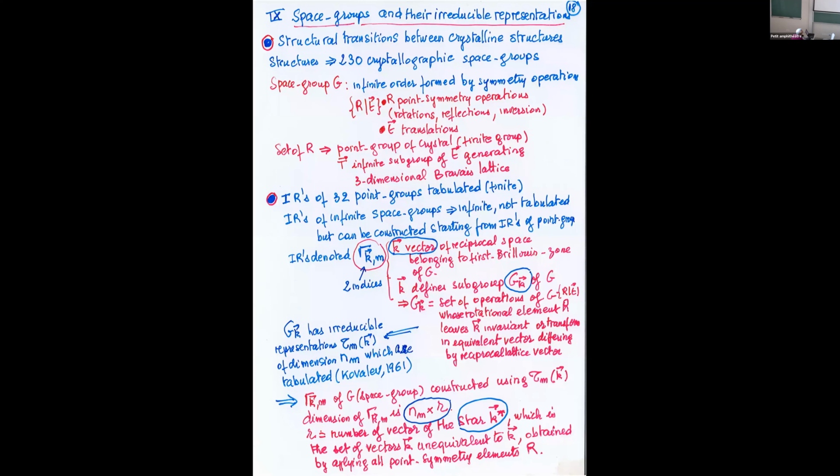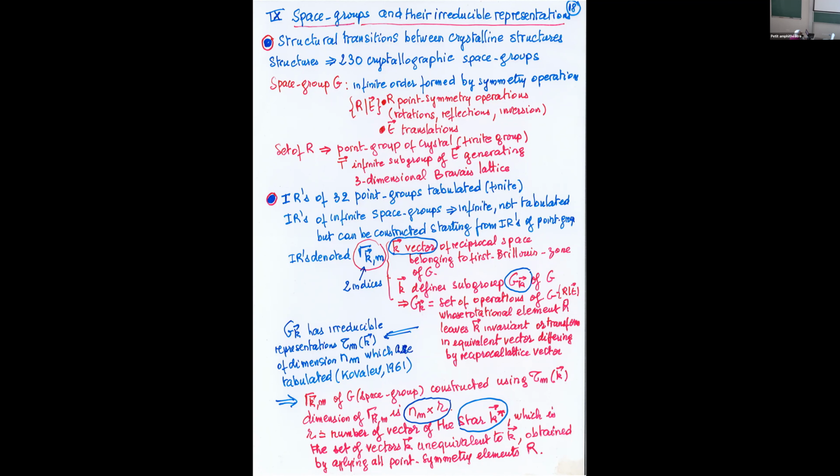And so K defines a subgroup, G with index K, which is the set of space operations RT whose rotational part leaves K invariant or transforms it into an equivalent vector differing by a reciprocal lattice vector.